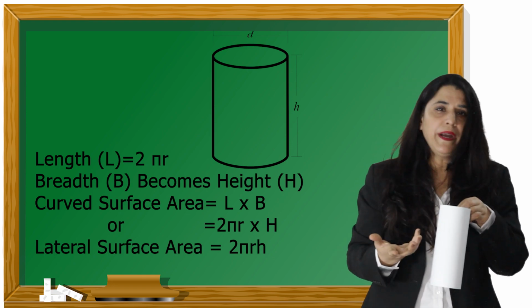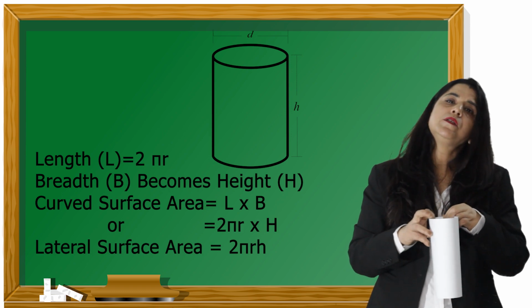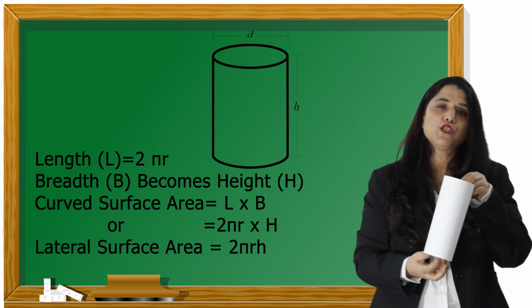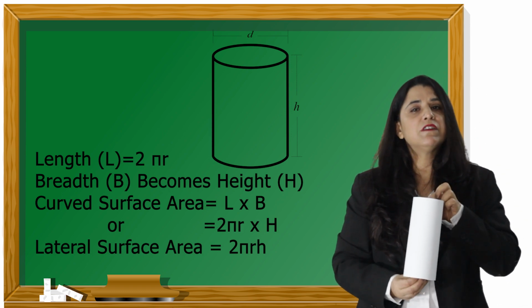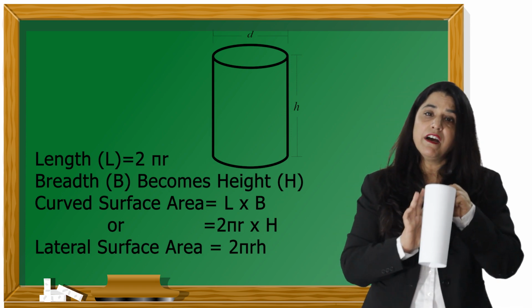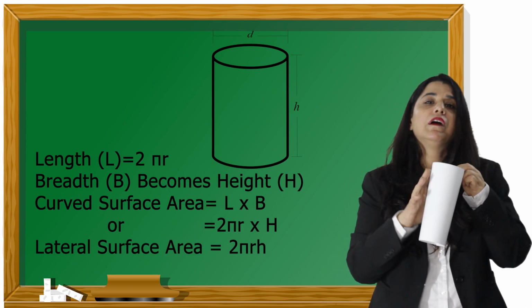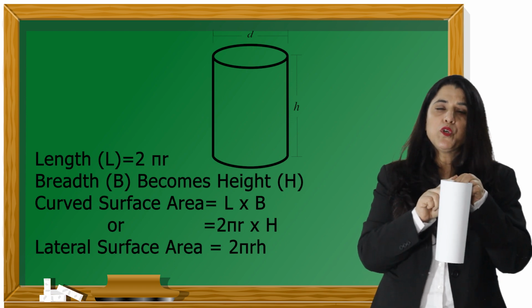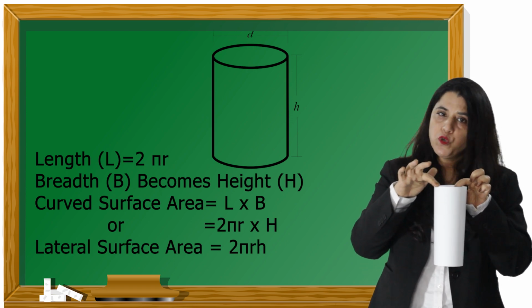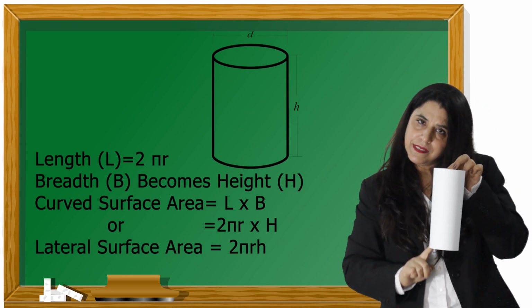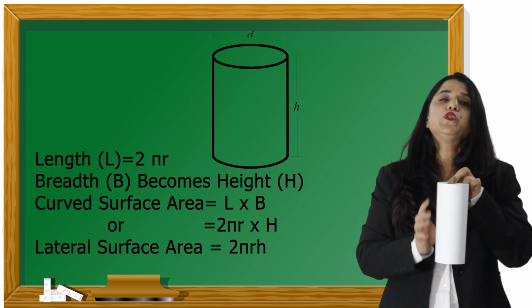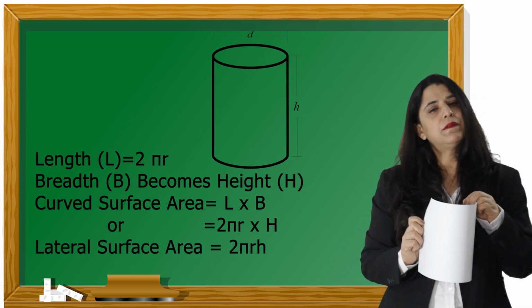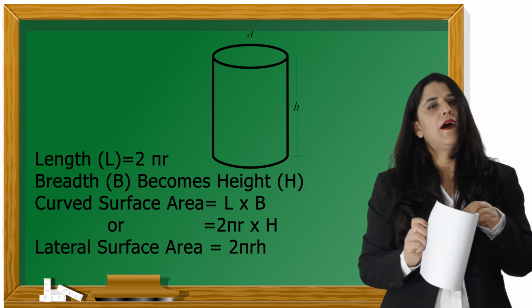So length into breadth is the area of rectangle. So what is the curved surface area? This is called the curved surface area. Why curved? Because this portion takes a curve. So length is 2 pi r and breadth is h. Clear? So the curved surface area becomes equal to 2 pi r h.